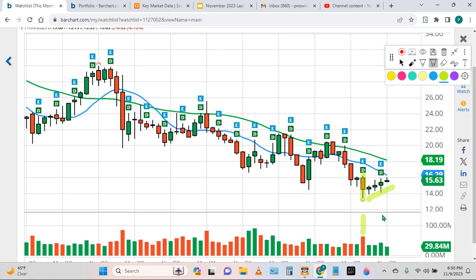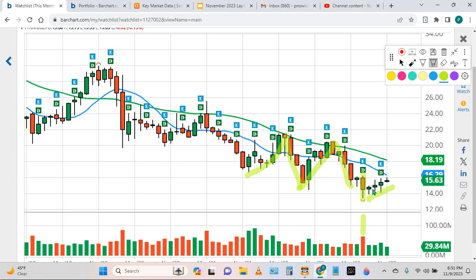Is this the bottom in AT&T? Could be. There's no guarantee of that because we had some buying back here, but then that was sold off, right? Then we had some buying here, and that was sold off.